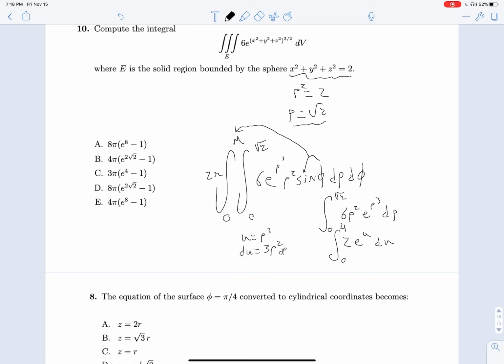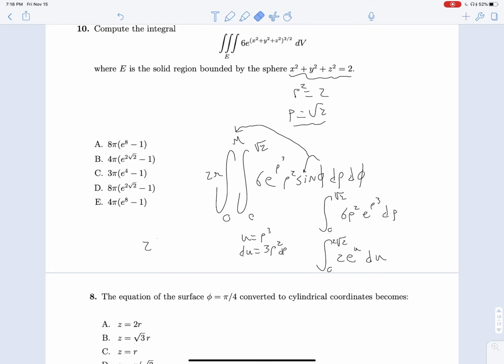Let me check that. See, I thought there was something wrong. Let's rewrite this. Our upper bound will not be 4, our upper bound will be 2 root 2. So this will actually be 0 to 2 root 2 of 2e to the u du.